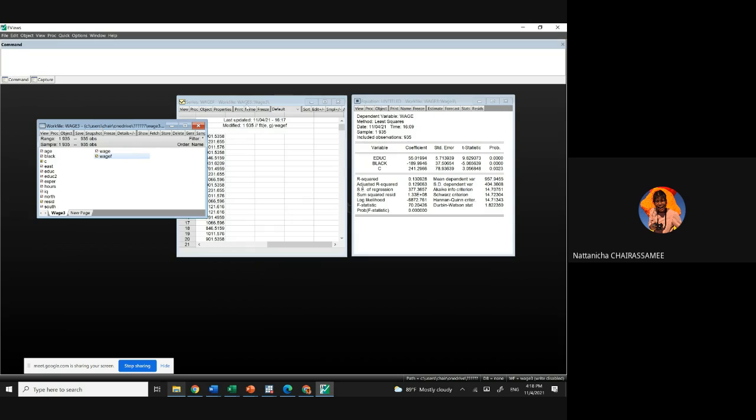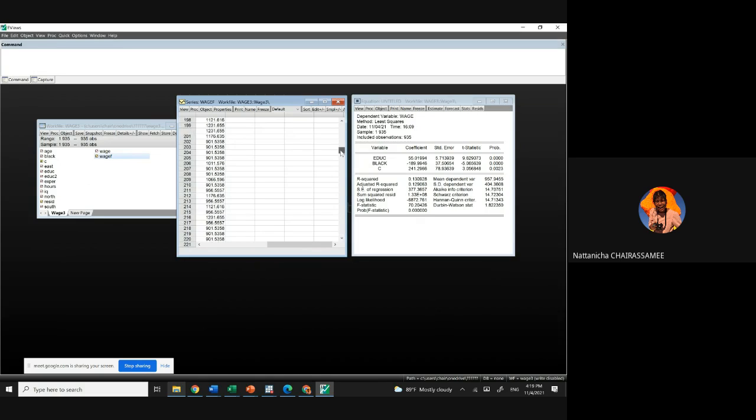So compare the number of observations that we have, which is 935, right? You will see that once you forecast, or predict wage, you also have the 935 observations here.